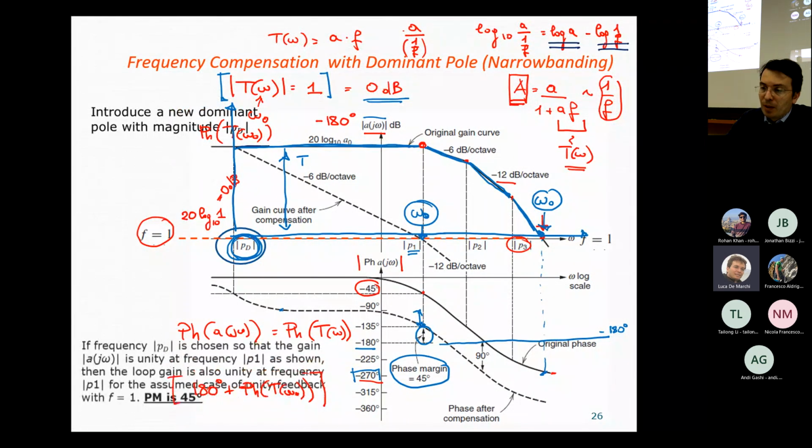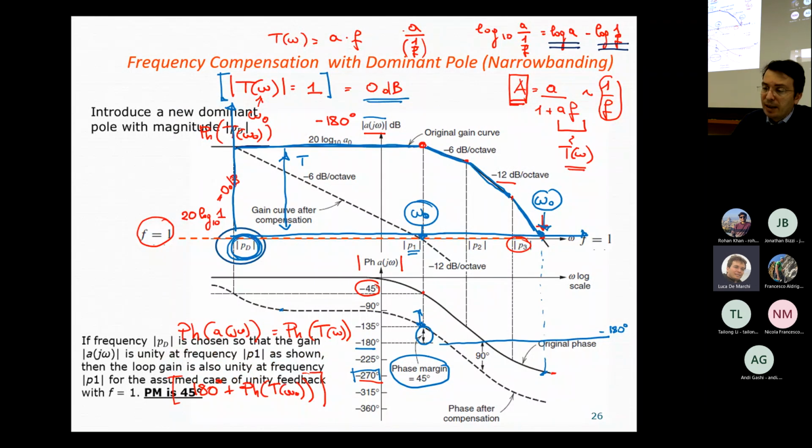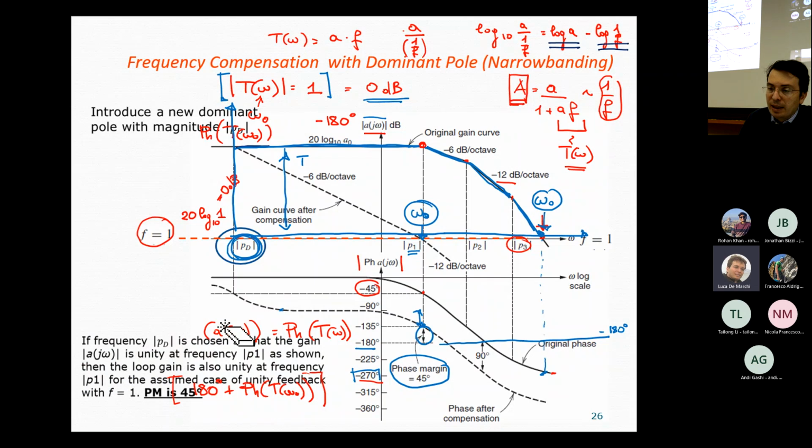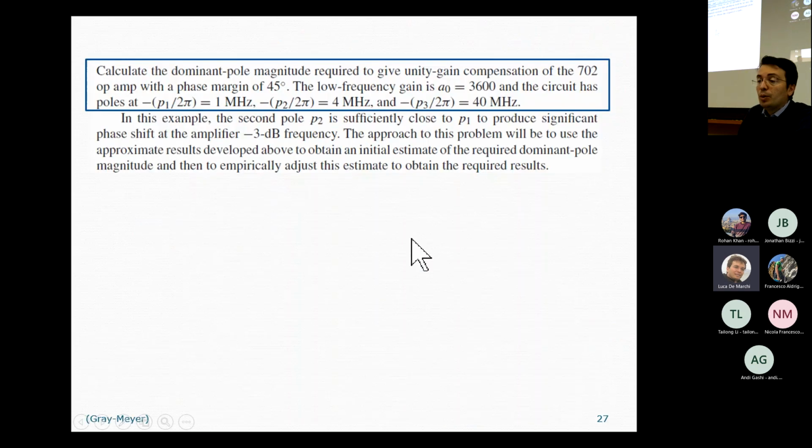One interesting aspect is that in many practical applications, you indeed want this phase margin to be equal to 45 degrees. So the technique to achieve this goal is to have an omega null which is equal to the P1 value.